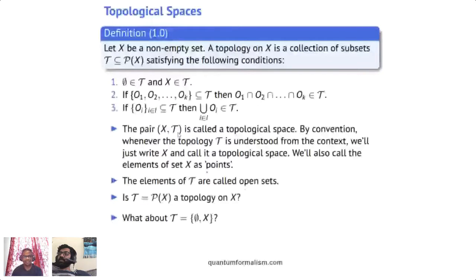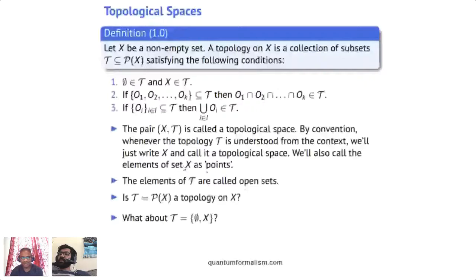So we'll just keep writing it like this for the next couple of lectures. I will use this until we get to manifolds, and then we can get rid of it, because then we are working on concrete stuff, with a concrete topology. And another thing is we'll call the elements of X points.